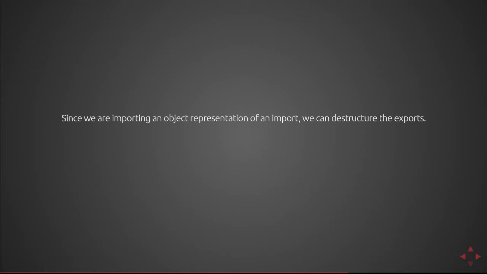Since we are importing an object representation of an import, we can destructure the exports of that file. So here we're importing an object, remember, from the file defined in dir file. We're accessing the sum export property on that object using destructuring. If destructuring is not used in the import statement, it will assign the default export to the variable defined in the import statement.